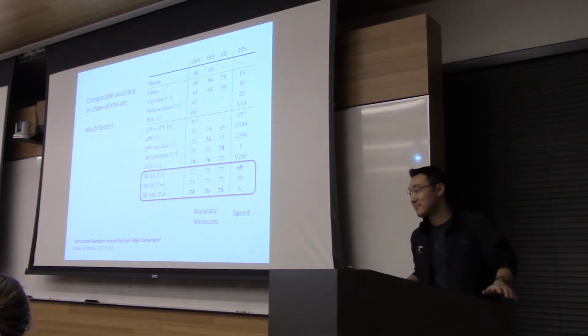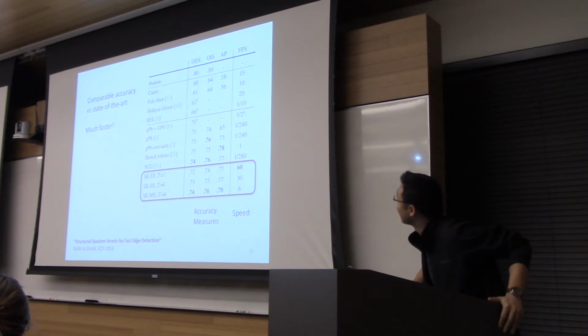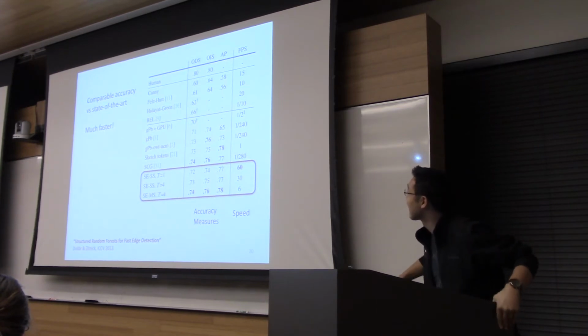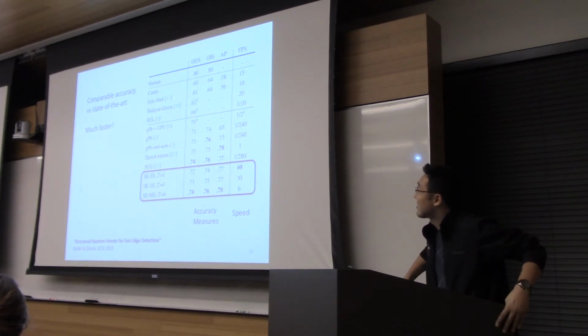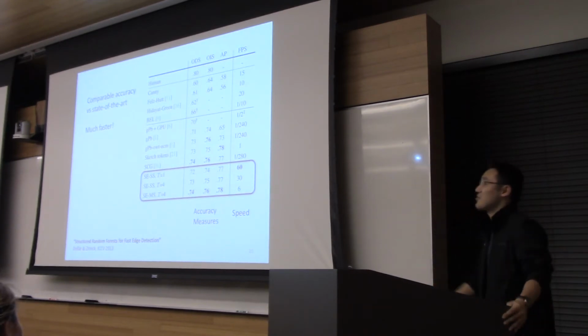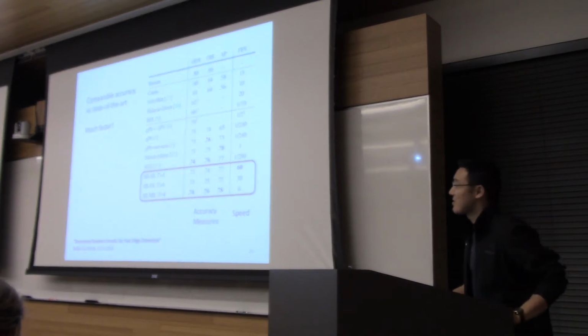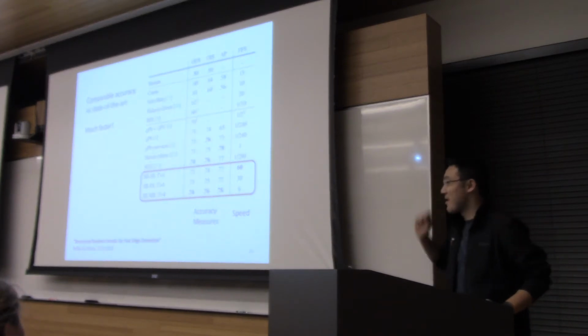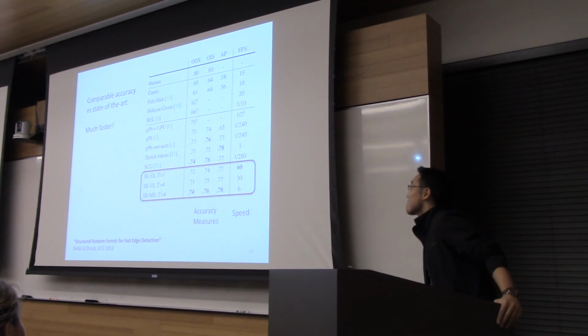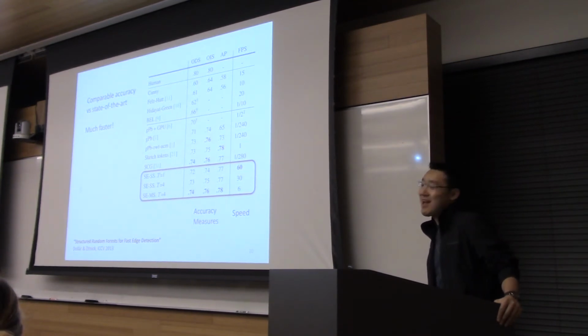Yes. So the human is at 80%. Is it better to go above 80? I would not put too much emphasis on that. It's probably someone they pay to do this task manually. Were they lazy and made mistakes?